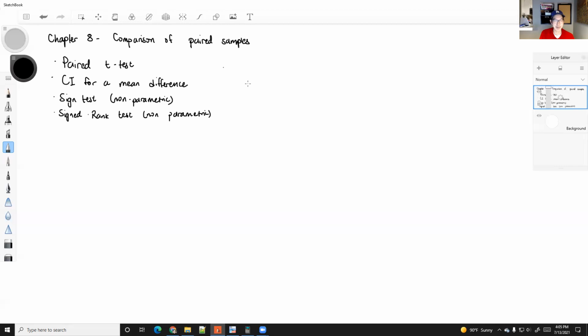All right. This all applies to paired data situations. When you look at paired data, at first glance it might appear that you have two samples.